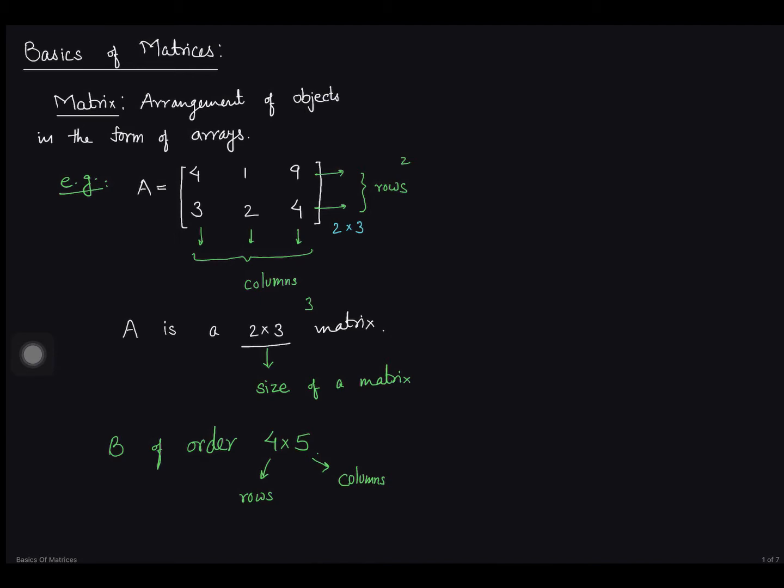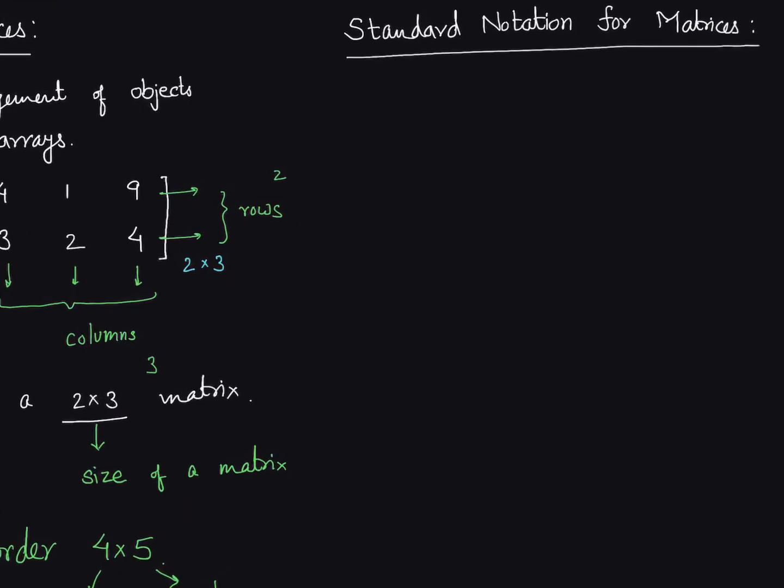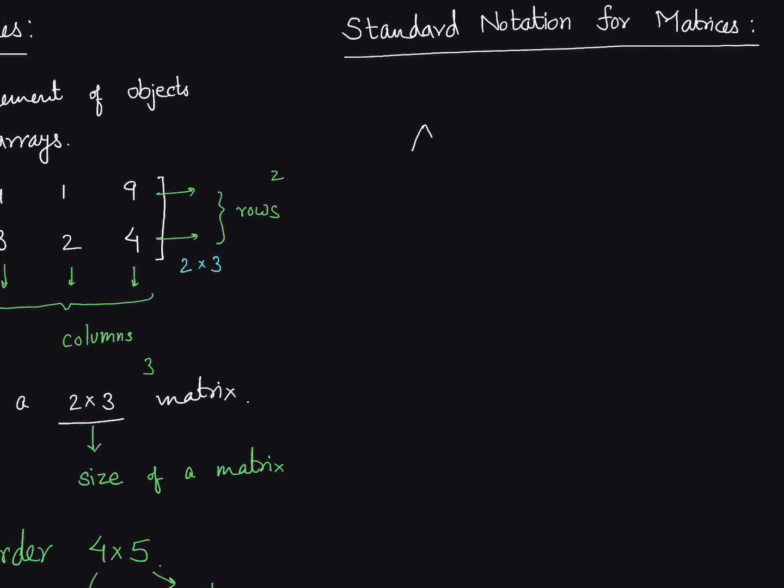Let me give you the standard notation for a matrix. Suppose you have a matrix A of order m cross n, that means having m rows and n columns. At the first place, this is the first row, first column entry, so we denote it by A11, first row, second column entry, first row, nth column entry.